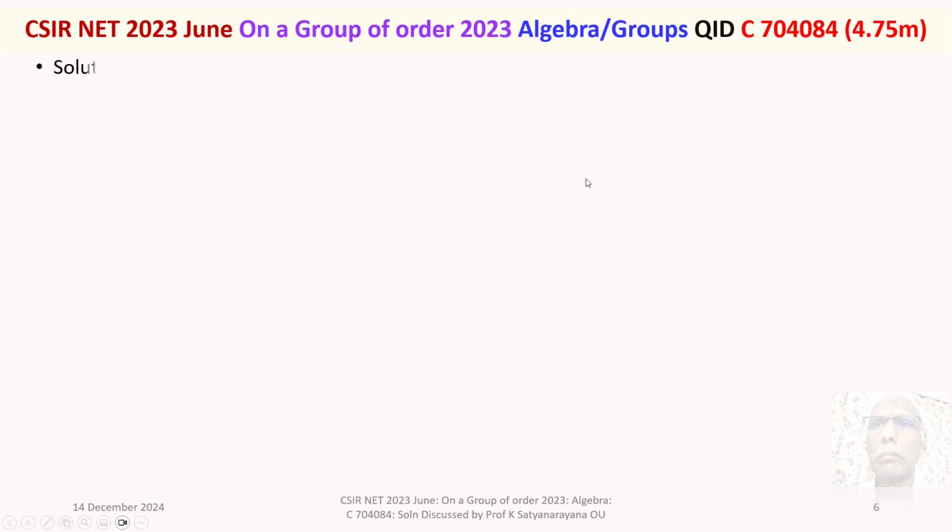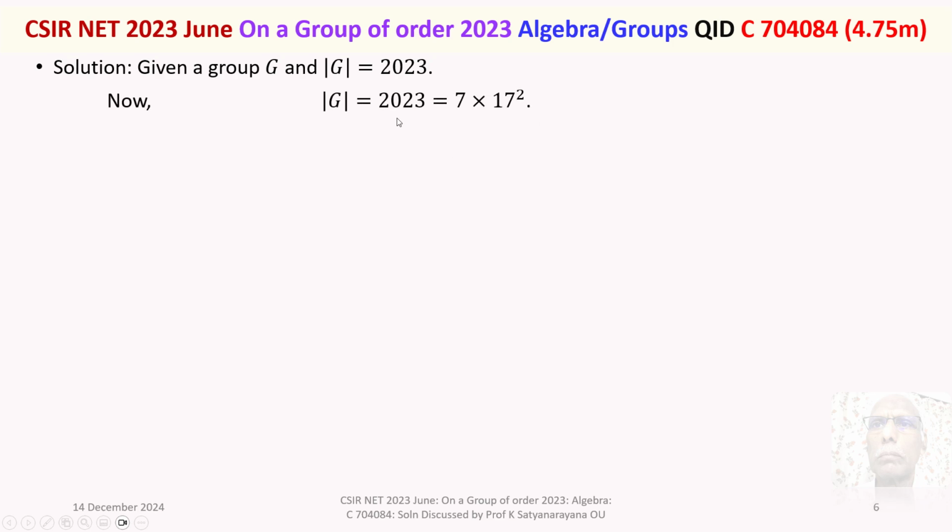Let's now discuss the solution of the problem in detail. We are given a group G whose order is 2023. The prime factorization of 2023 is 7 into 17 square. Now, we talk in terms of divisibility.